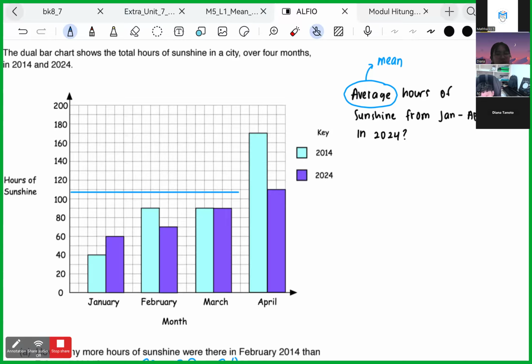Okay. Average hour of sunshine, January until April. So you need to search for the mean. So you need to add from January. Can you just give me the number and then I'll add it up?